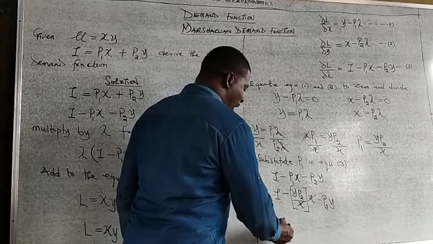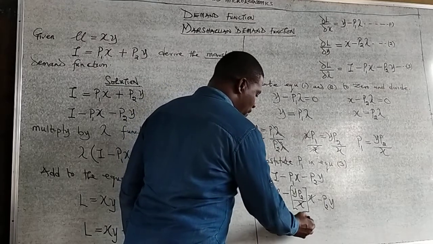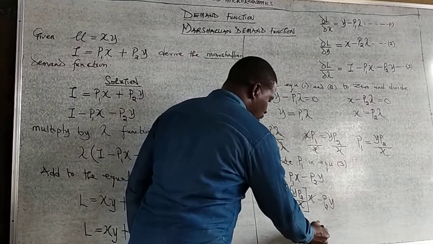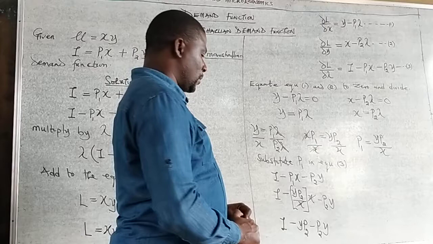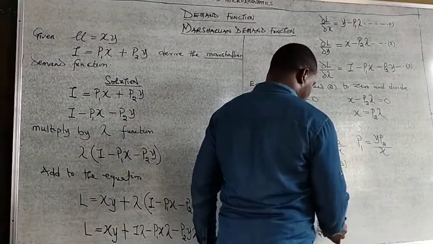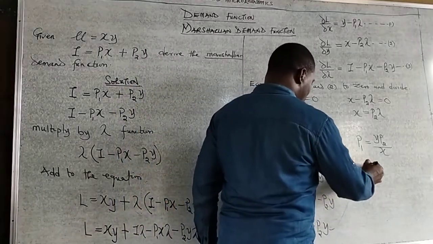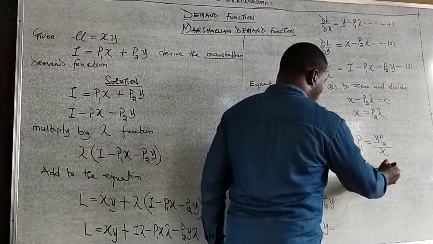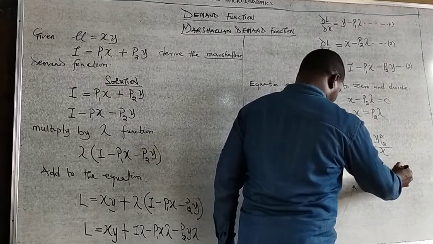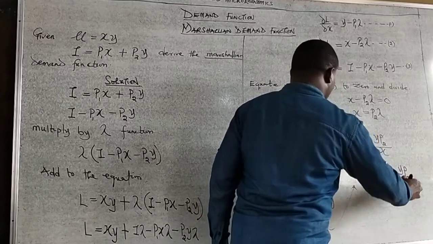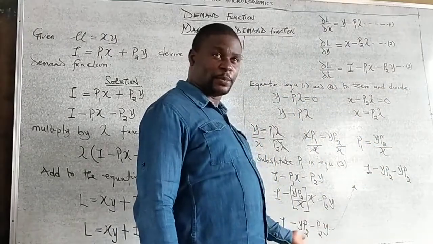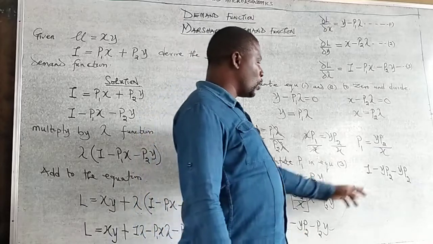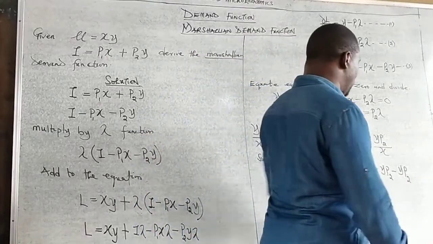So I'm going to have I minus y p2 minus p2 y. Now this is the same thing as I minus y p2 minus y p2. I just rearranged this one. p2 y is the same thing as y p2.